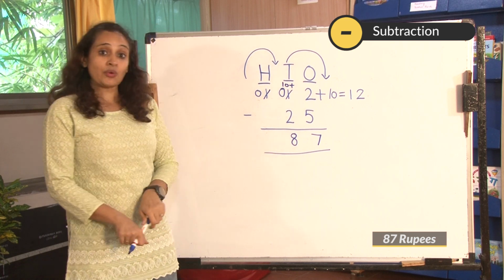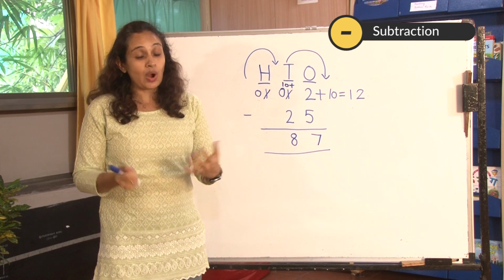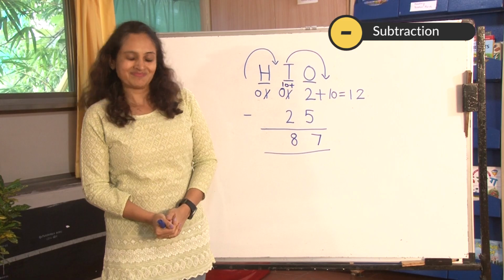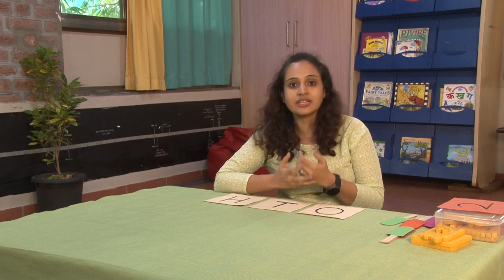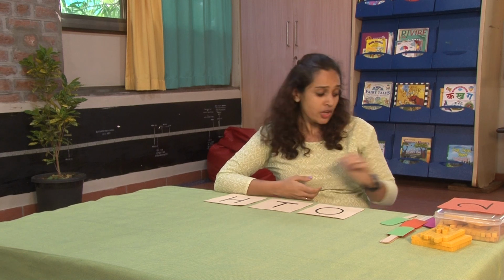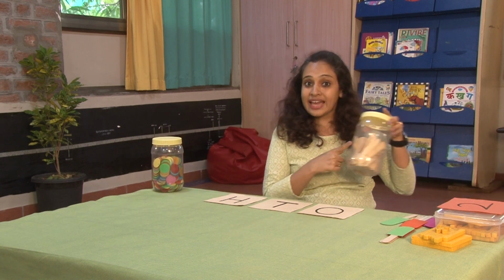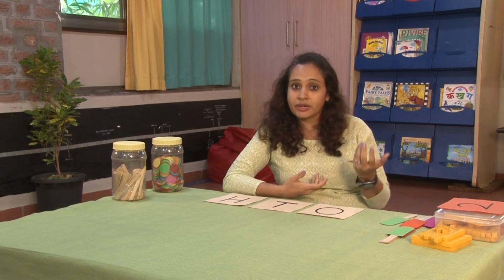Yes? Now this was the number representation. Now let me show you how we represent numbers using different manipulatives. Come with me. Okay. So when I talk about manipulatives, they are mainly used to represent numbers, to quantify numbers. So you can use anything. You can use counters, you can use candy sticks, or you can use anything that you have at home like spoons, potatoes.